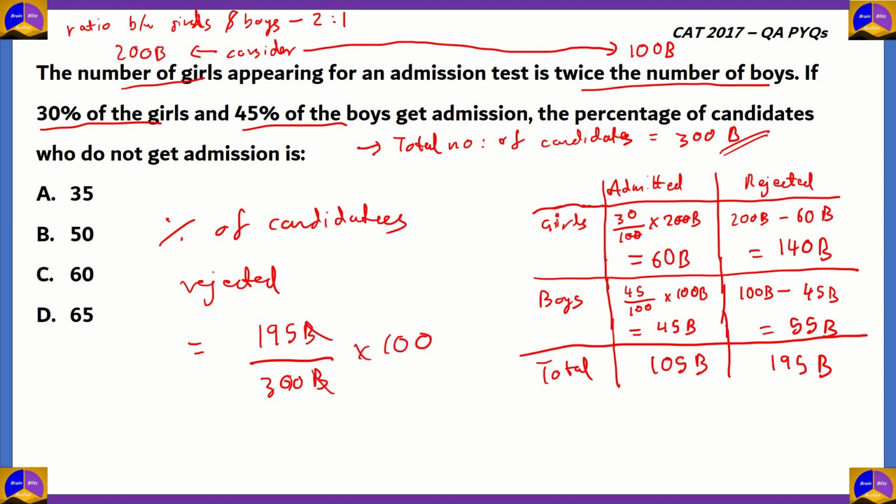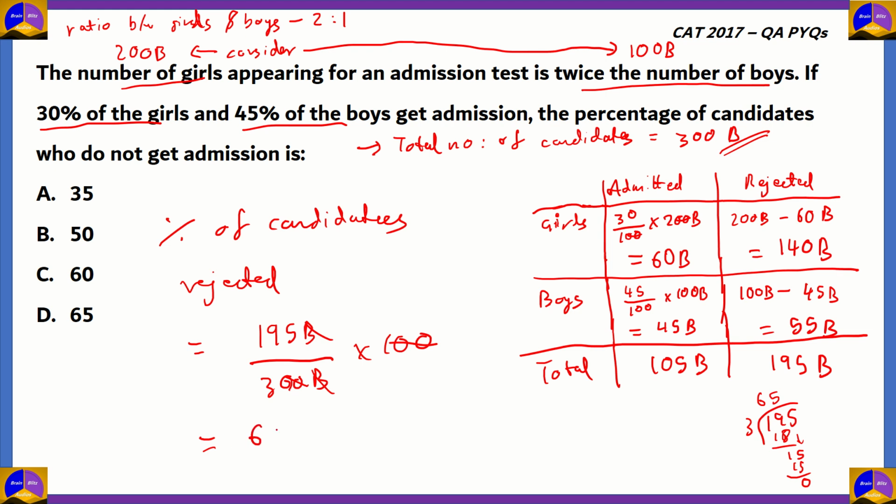The B's get cancelled, the 2 zeros get cancelled, so we basically have 195 over 3. 3 sixes are 18, 1 gets carried over, and 5 goes down, becomes 15. 5 times 3 is also 15, so the remainder is 0, and the quotient is 65.